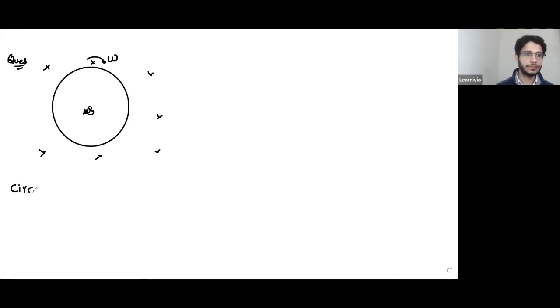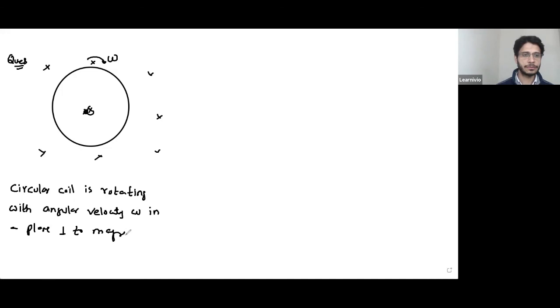The circular coil is rotating with angular velocity omega, in a plane perpendicular to magnetic field, about an axis parallel to field.